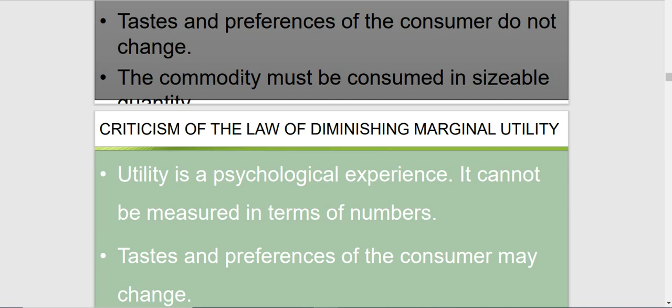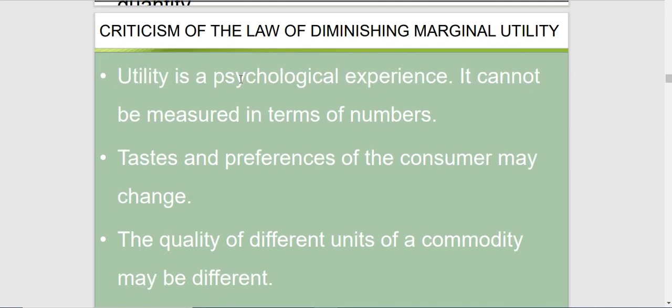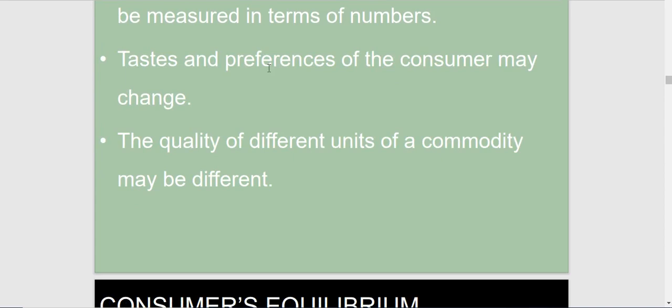Then you have the next part, the criticism of the law of diminishing marginal utility. Utility is psychological. You experience it, and it cannot be measured in terms of numbers. So we have said that satisfaction is only in your mind and you have to experience it, and for the understanding, only some kind of numerical figure is given.